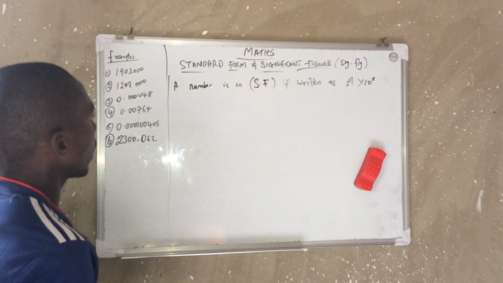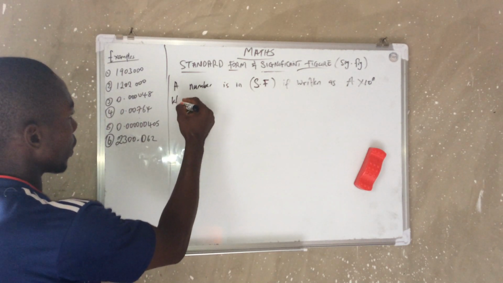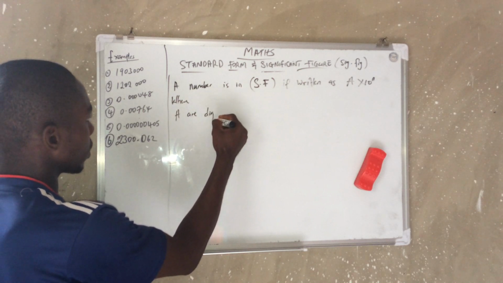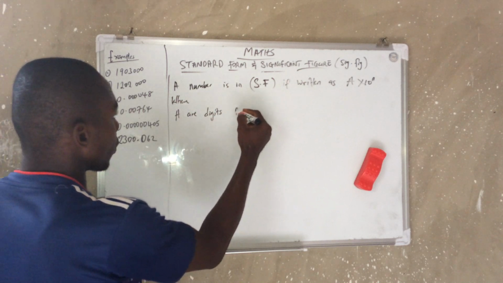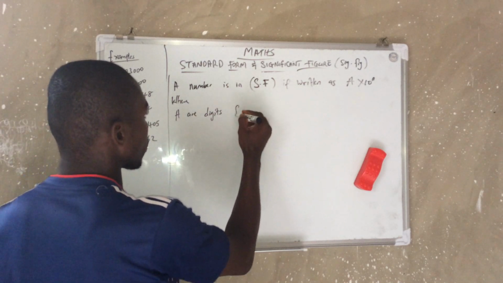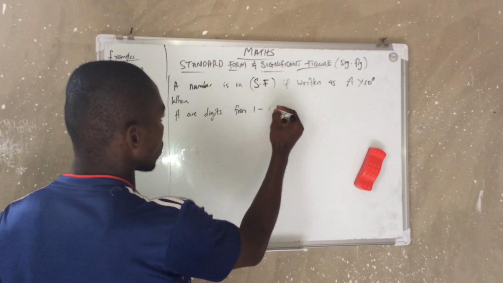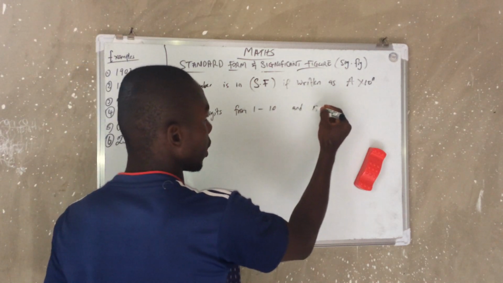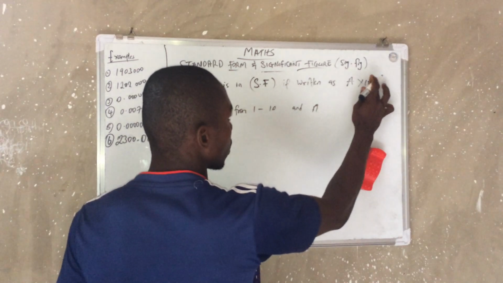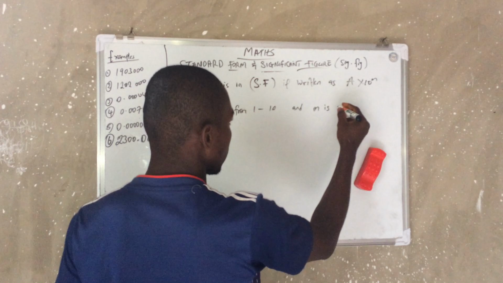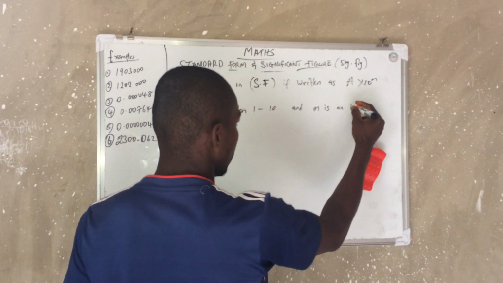So, and we say where A are digits ranging from 1 to 10, and m is an integer.